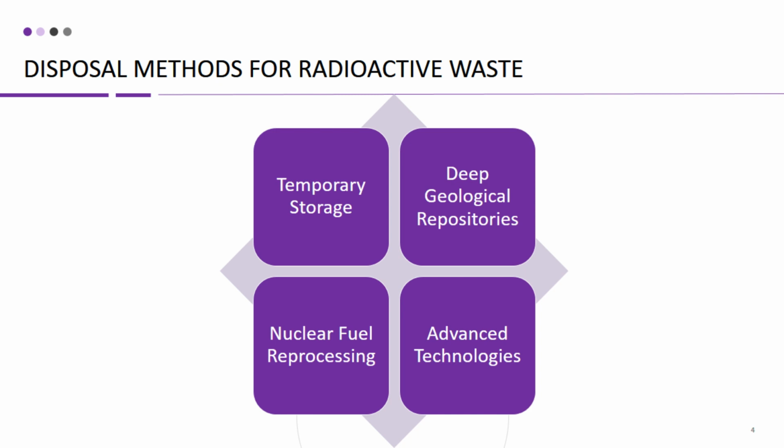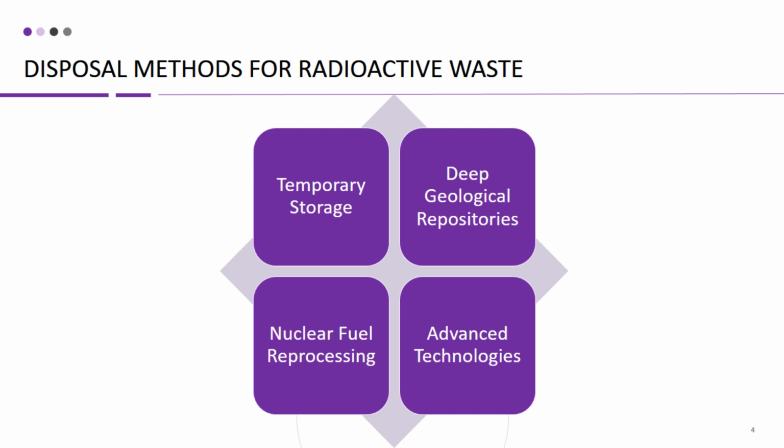The second type is deep geological repositories. Deep geological repositories are engineered facilities designed to store radioactive waste in layers of rock deep underground, ensuring long-term containment. This method is used for intermediate-level and high-level radioactive waste, which includes used fuel rods from nuclear reactors and other highly radioactive materials. The waste is packaged in robust containers and transported to the repository site, which is carefully selected based on factors such as geology, hydrology, and population density.